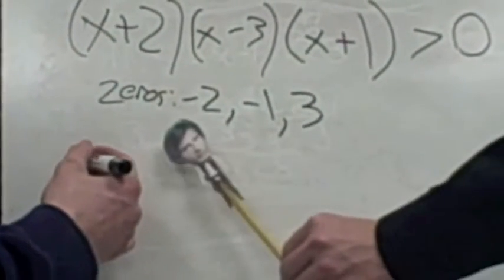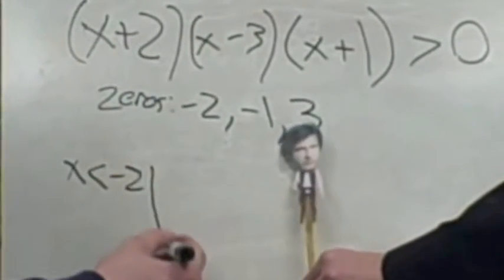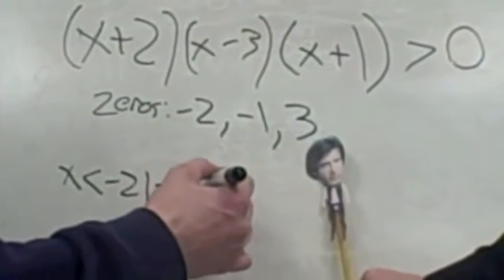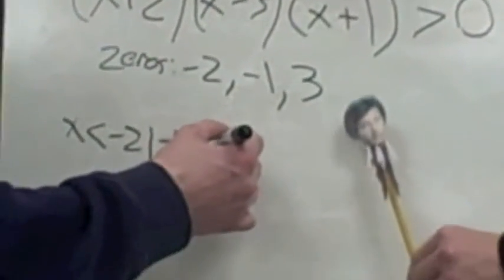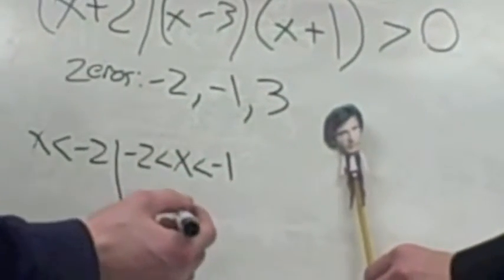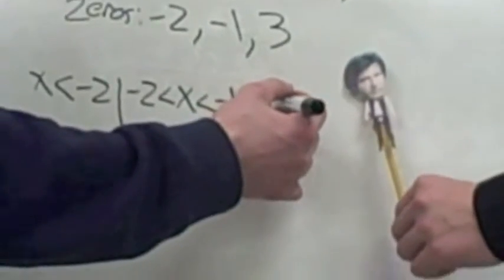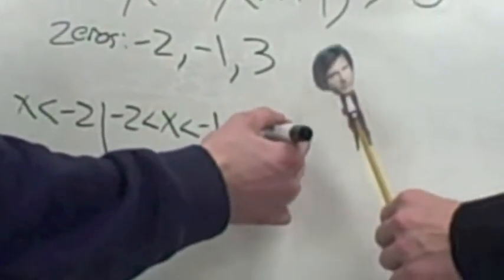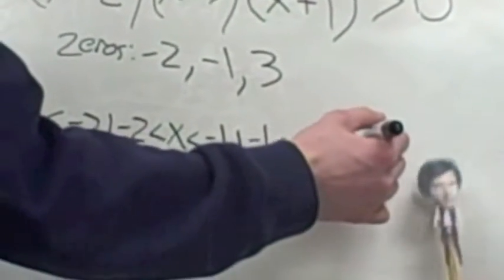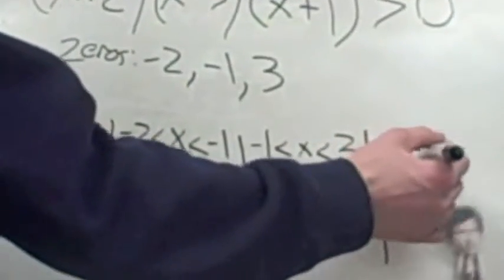Then x is between negative 2 and negative 1, and then x is between negative 1 and 3. And your last interval is x greater than 3.